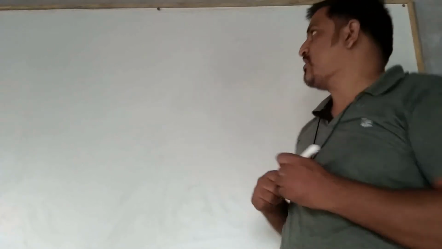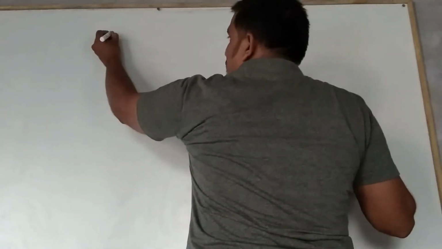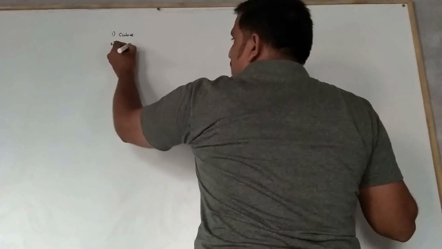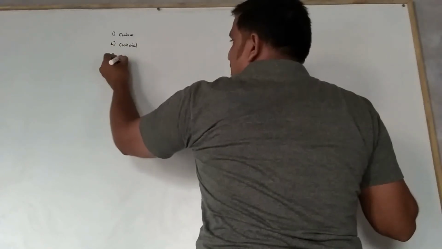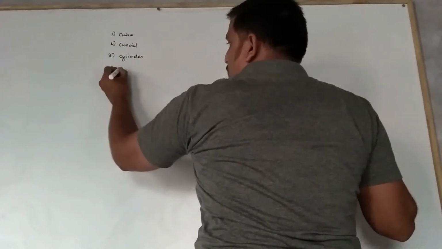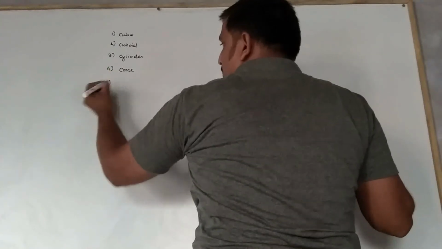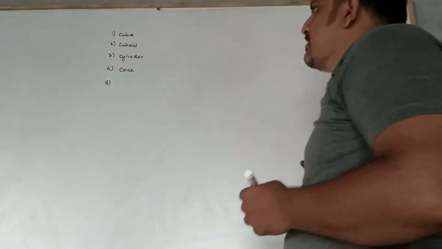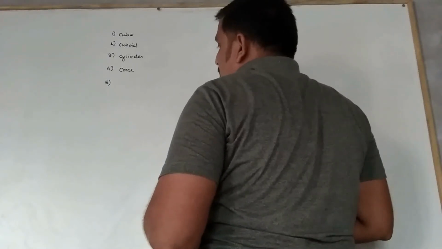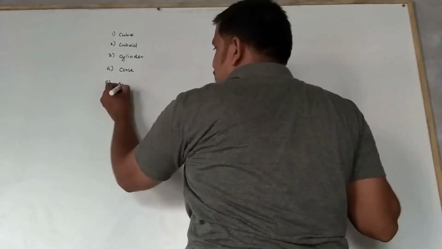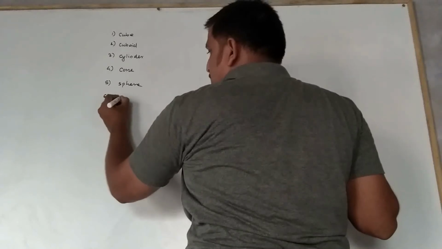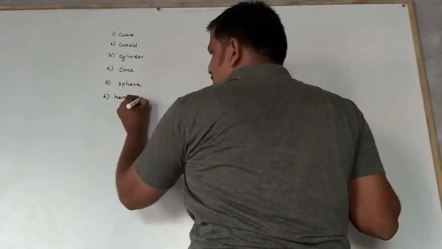First is the cube, then the cuboid, third is the cylinder, fourth is the cone, then one sphere, and then the hemisphere.